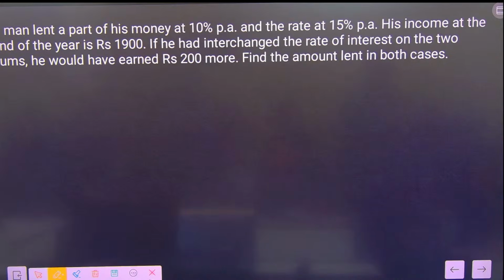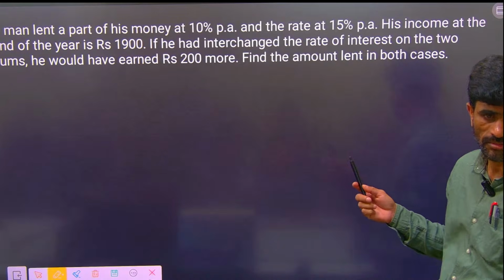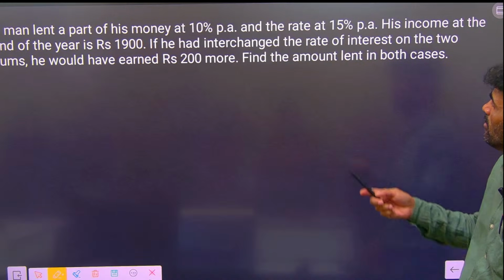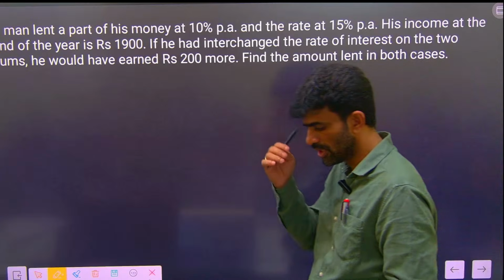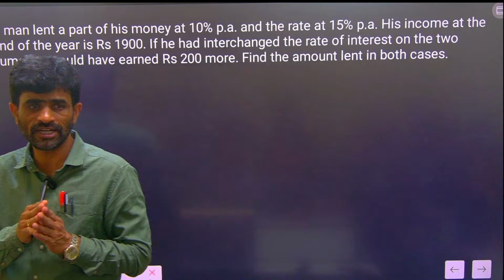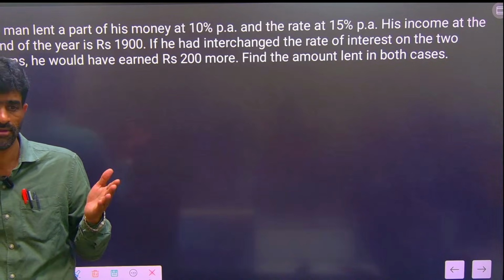This is similar to how we did chemistry, acid and base before, but here now it is amount. Find the amount lent in both the cases. In the first case, we divide the total amount into two parts, x and y.